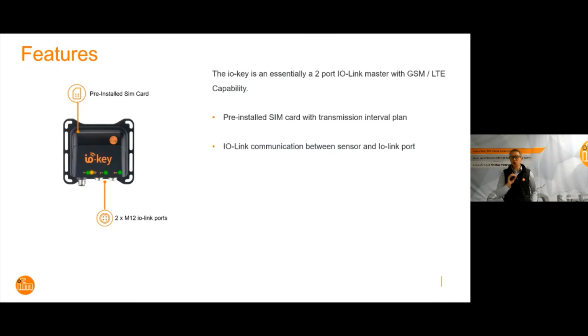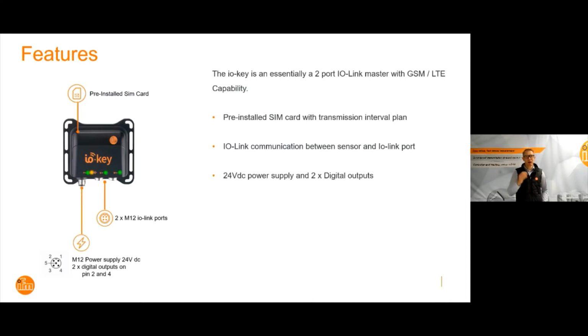Okay, then we have the two iLink ports connected on the unit as mentioned earlier. This is our interfacing to the sensor. Then additionally, at the bottom of the unit, there is an M12 power supply port for 24 volt DC. And also on this power supply port, there is the option for two digital outputs that are sitting on pin 2 and pin 4.